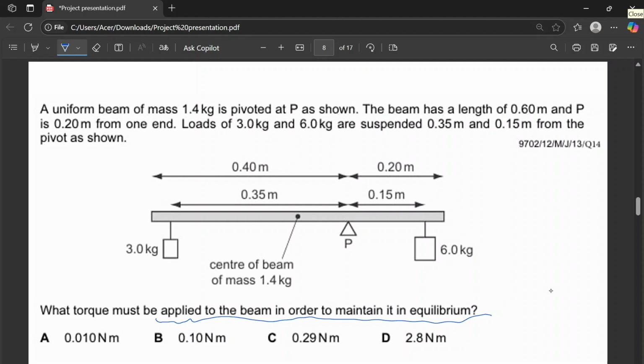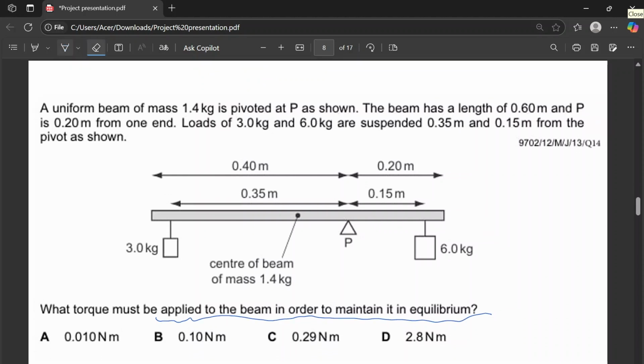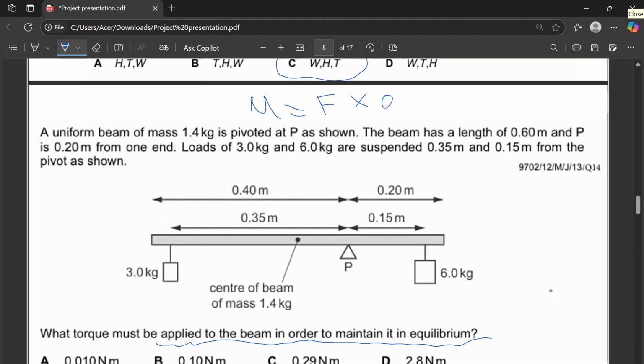So let's start. The moment formula is M equals the force times the perpendicular distance to this force.